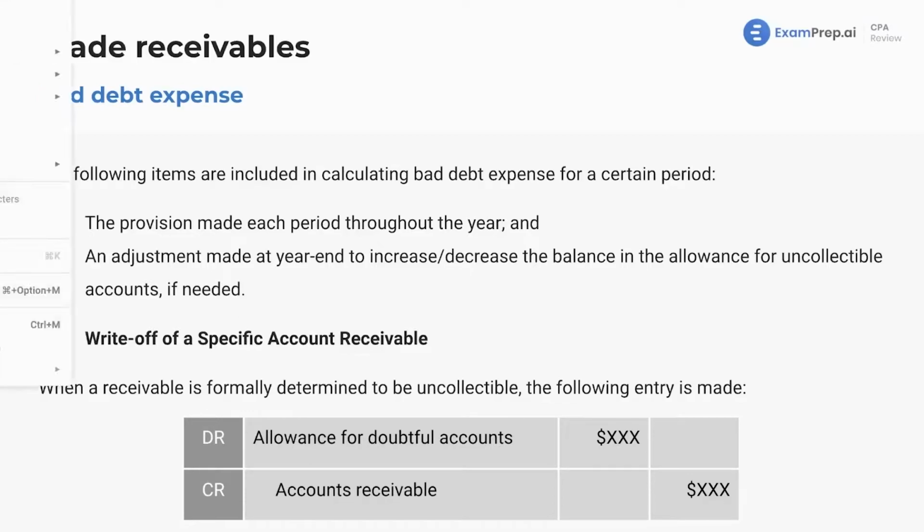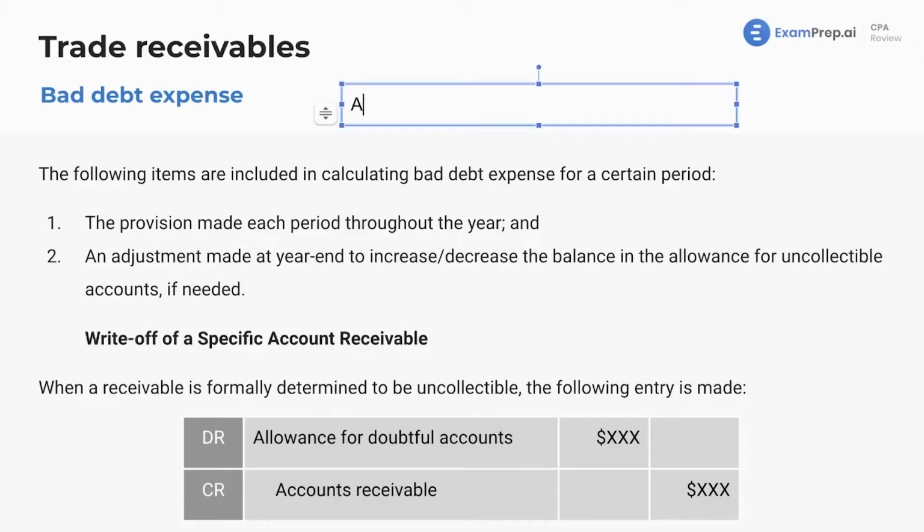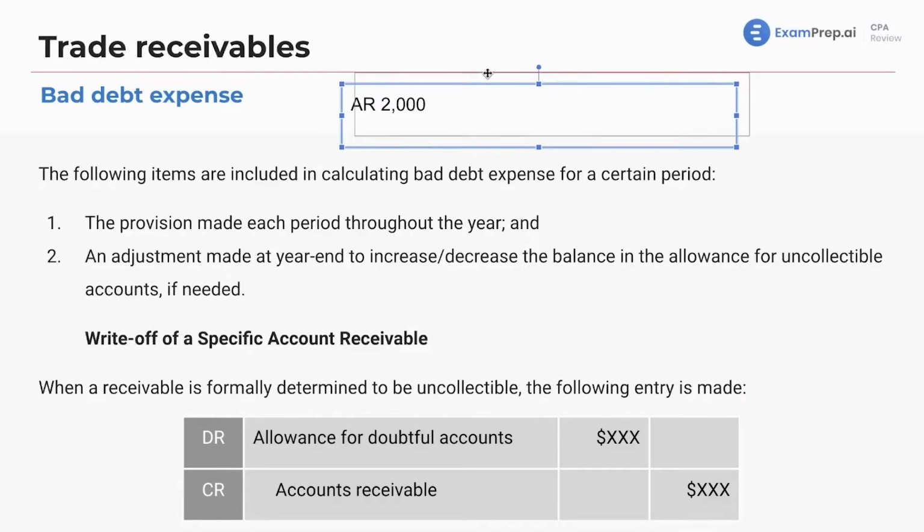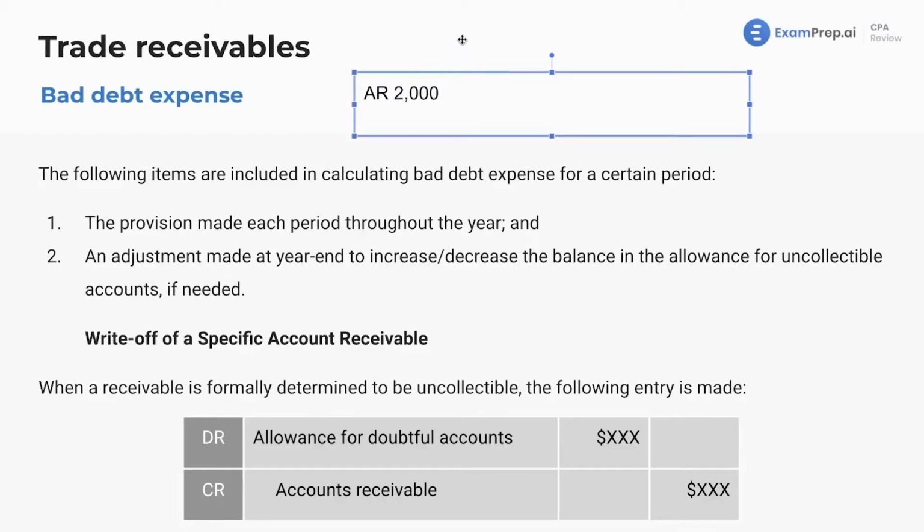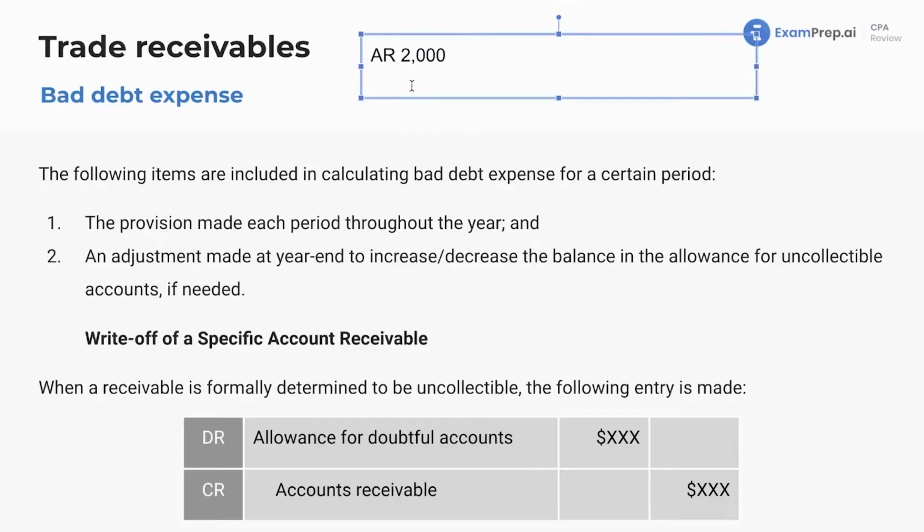Let me give you another example here. So you've got AR of 2,000, and then let's say you made the journal entry because $50 is going to be uncollectible. You determined that. So under the allowance method, on the balance sheet, AR is 2,000.